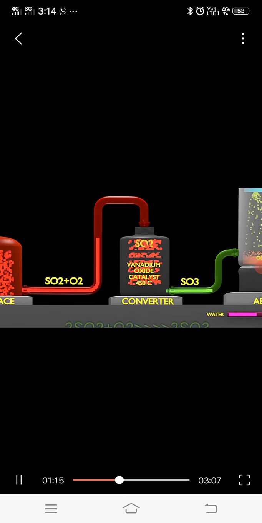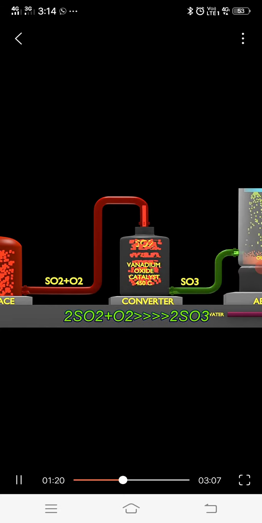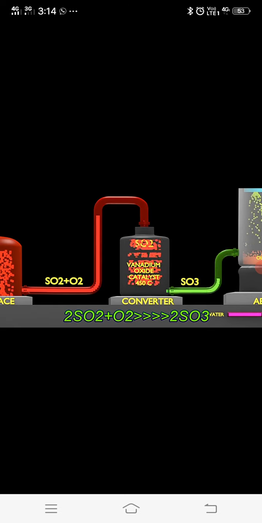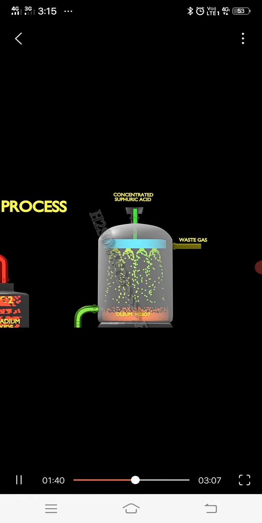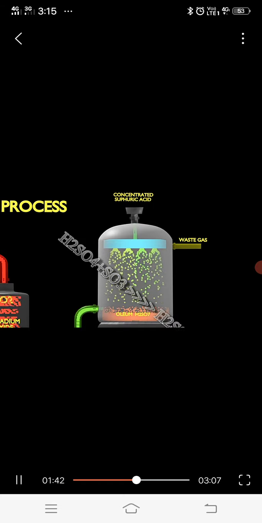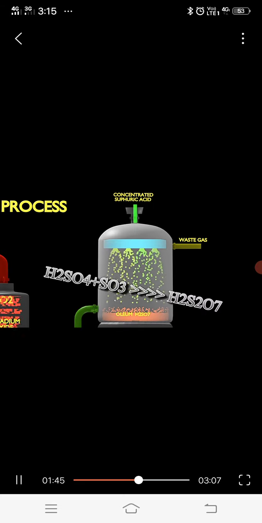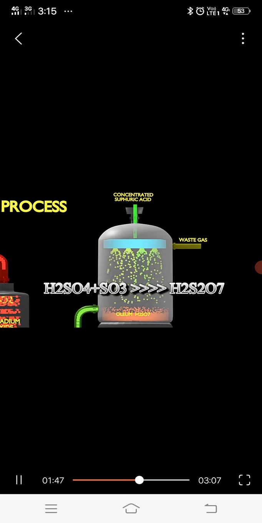Converting the sulfur dioxide into sulfur trioxide is next step, where sulfur dioxide is heated with oxygen to 400 to 450 degrees Celsius in the presence of a catalyst. This is a reversible reaction, and the formation of the sulfur trioxide takes place in the exothermic process, converting the sulfur trioxide into sulfuric acid. This cannot be done by simply adding water to the sulfur trioxide. the reaction is so uncontrollable that it creates a fog of sulfuric acid.